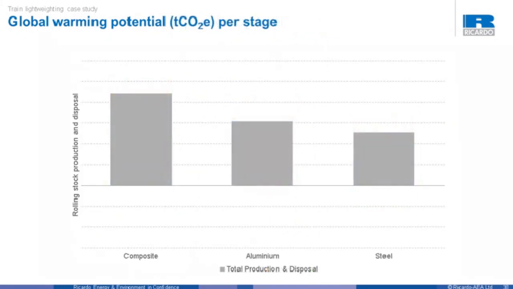So looking at the net results, we can see that while the steel train is the heaviest, there is a carbon cost to lightweighting, and the steel train has the smallest carbon footprint associated with its manufacture and disposal.